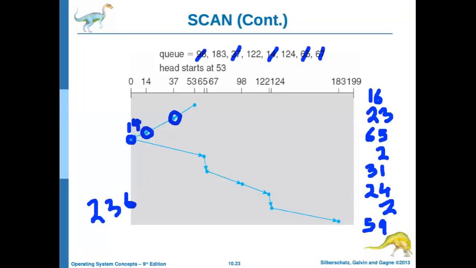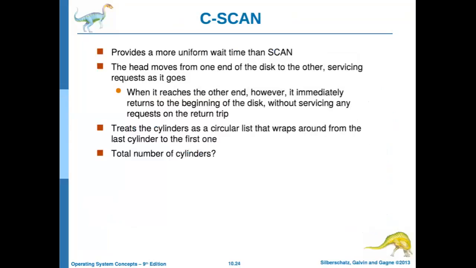So that is the scan algorithm. Next is the C-scan algorithm, where it provides more uniform wait time even than the scan algorithm.